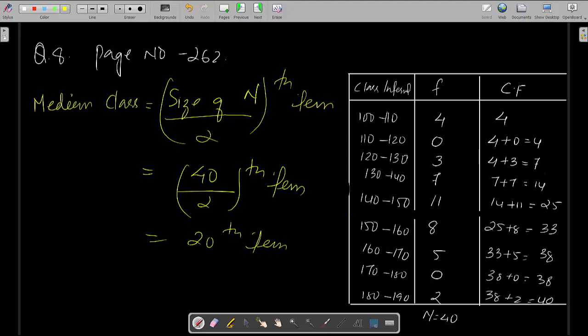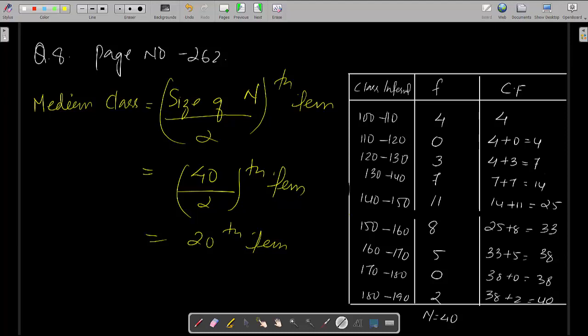Where are we supposed to look for the 20th item? In the cumulative frequency. You see here, 14 is less than 20 and 25 is more than 20, so you will find it under 25.